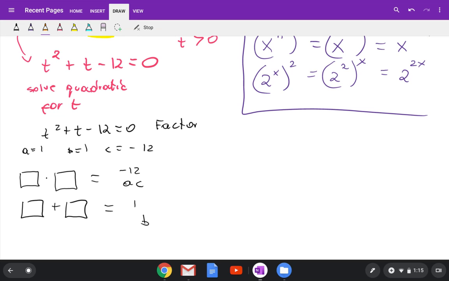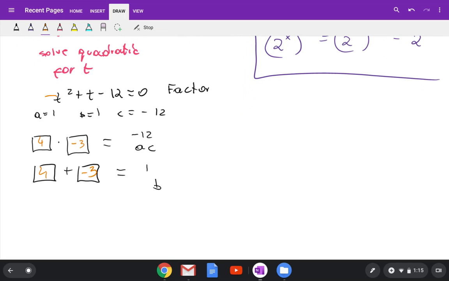So we're going to have 4 and negative 3. So now we're going to rewrite t squared plus t minus 12 as t plus 4 times t minus 3 equals 0.